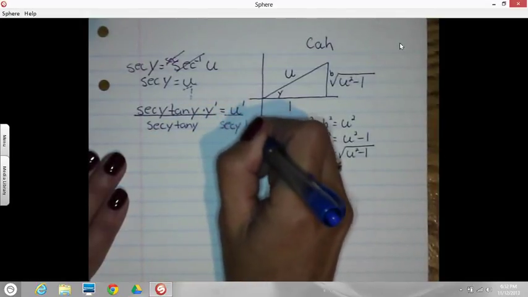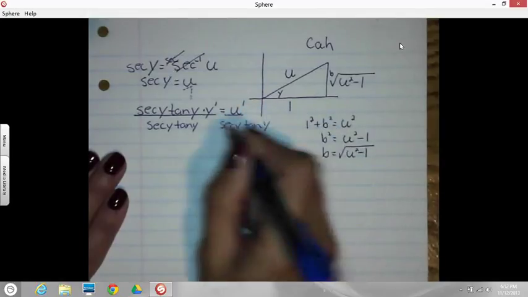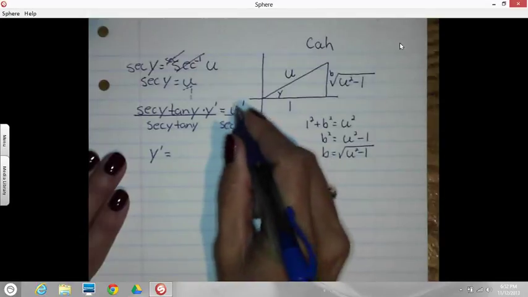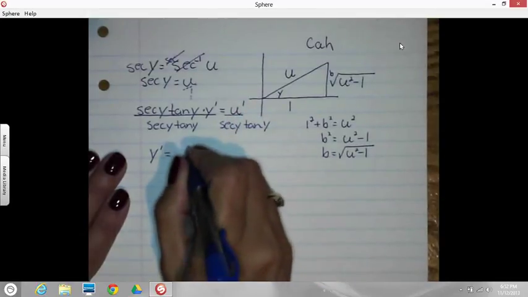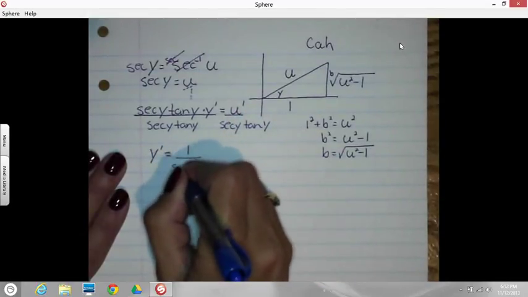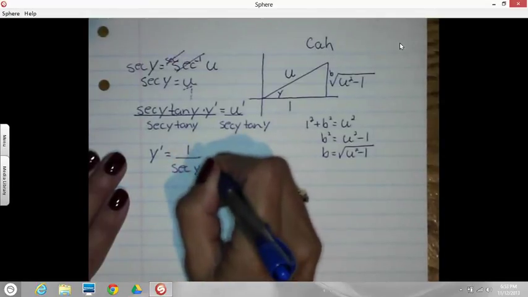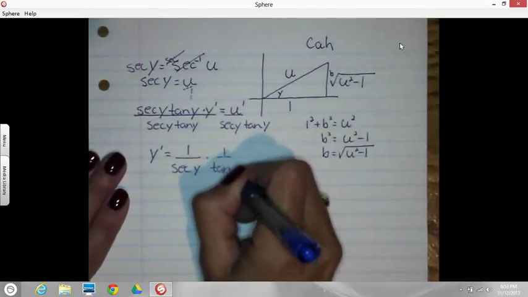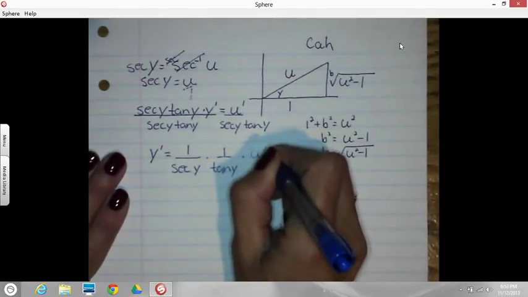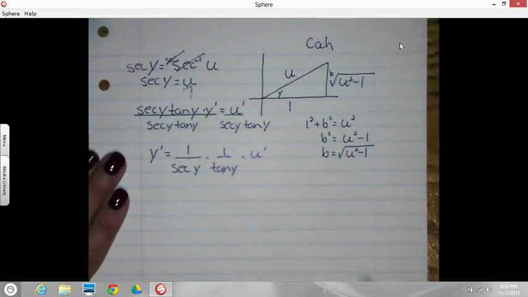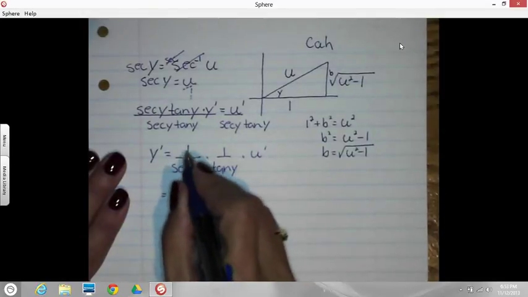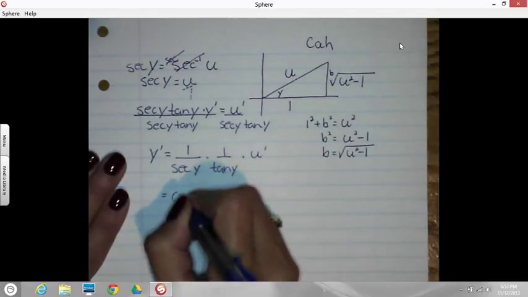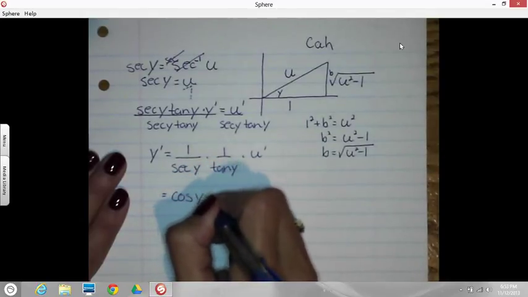So y prime equals, I'm going to break this apart, 1 over secant, which I know I can simplify, 1 over tangent, and then u prime. 1 over secant, that's secant flipped over, that goes right back to cosine. 1 over tangent is cotangent.